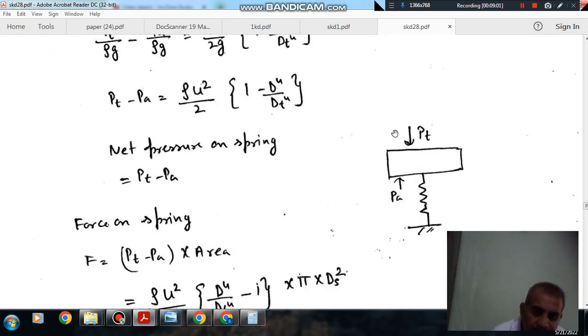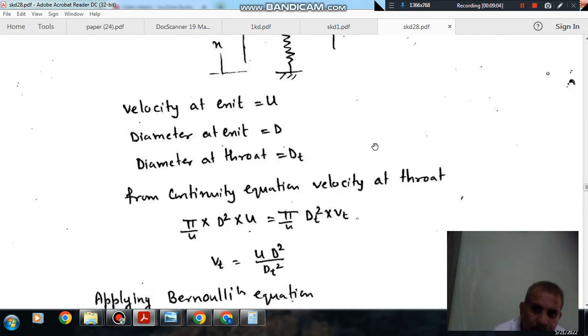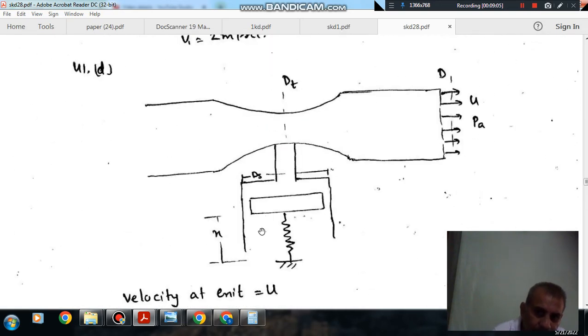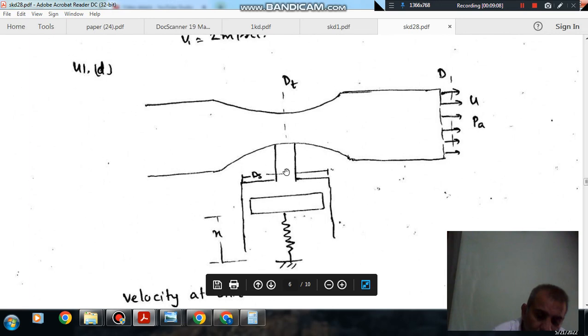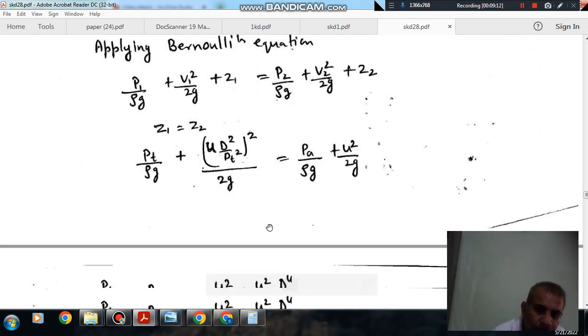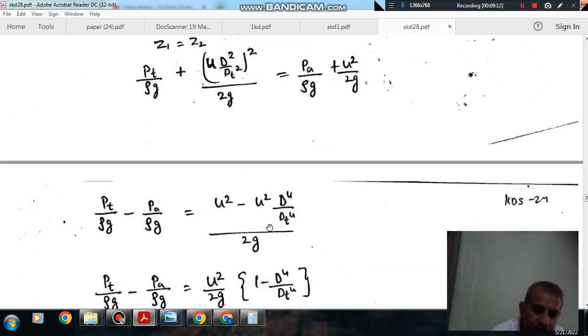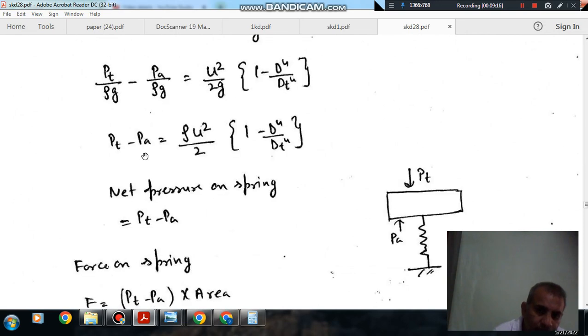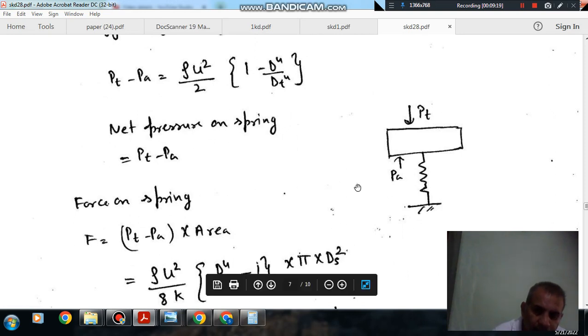Here at the throat the pressure is Pt, at one end of the spring, and at the other end the pressure is Pa. So the difference of these pressures gives the deflection. Now that we have calculated Pt minus Pa, we multiply it by area for force.